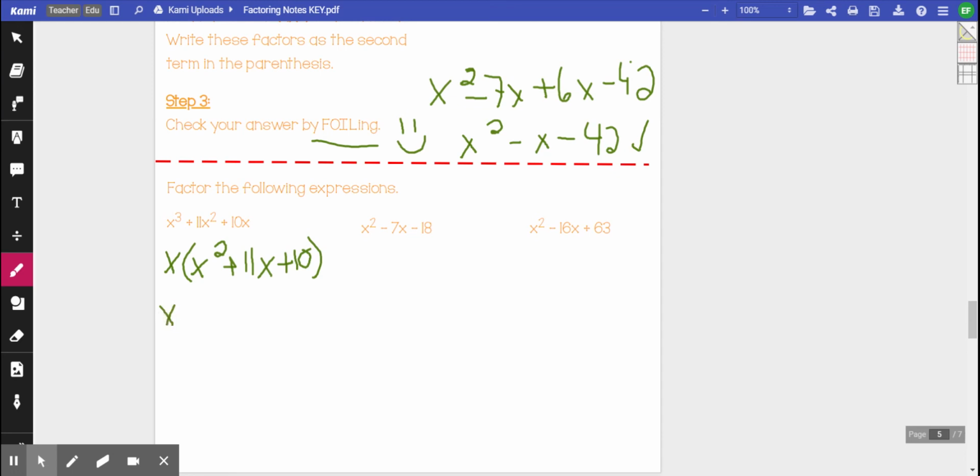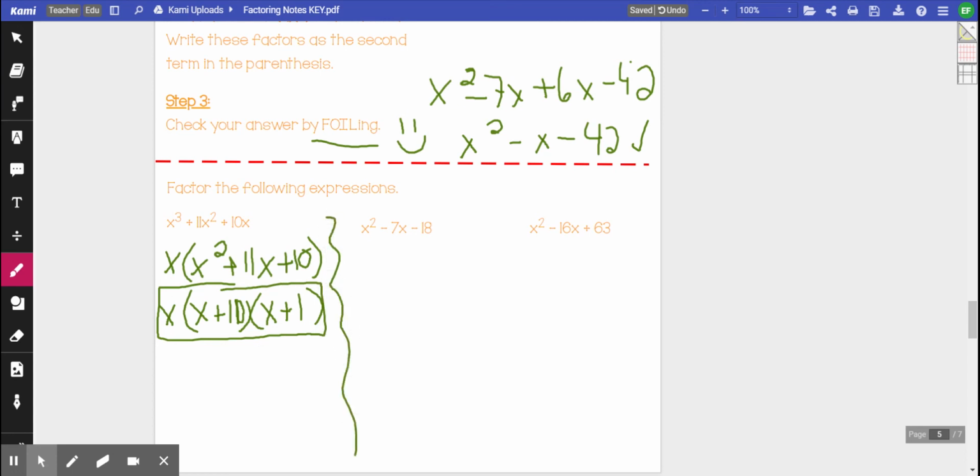I'm going to keep that GCF and bring it down into each step. I know I can put an x in the first spot because x times x is x squared. Factors of 10 that add up to 11 will be 10 and 1. We know we want positive 11, so I'm just going to make them both positives. So that's a 10, and that is a 1. And that's it.